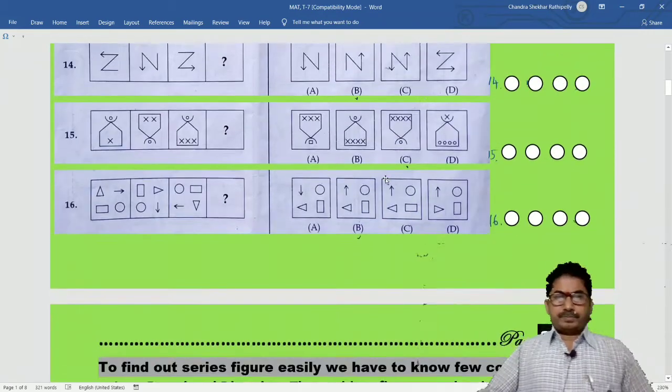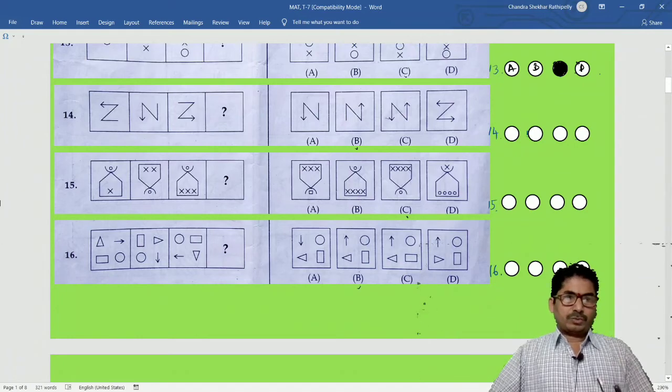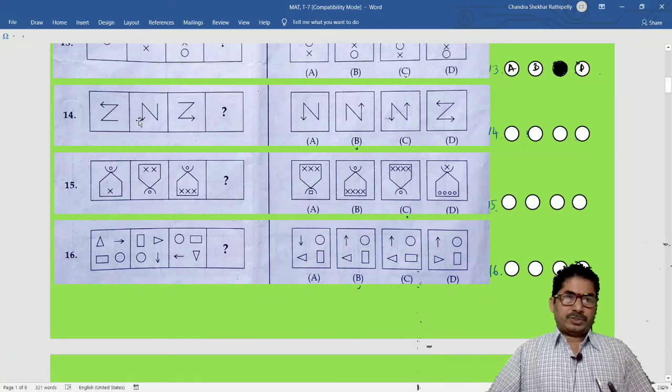Next, question number 14. Like this arrow mark, and like this arrow mark, like this arrow mark.